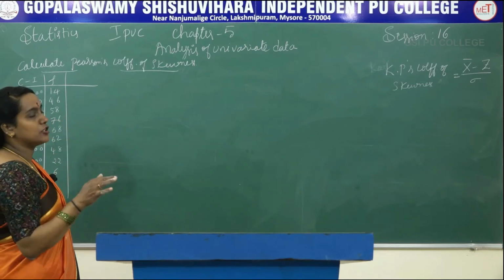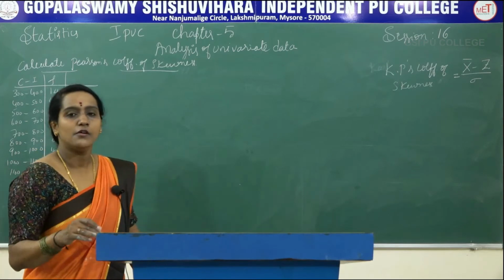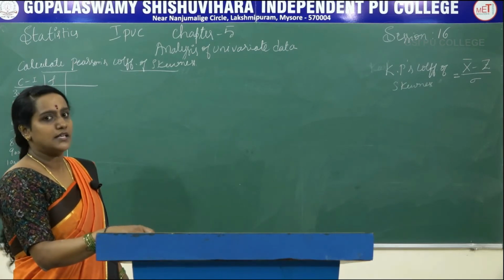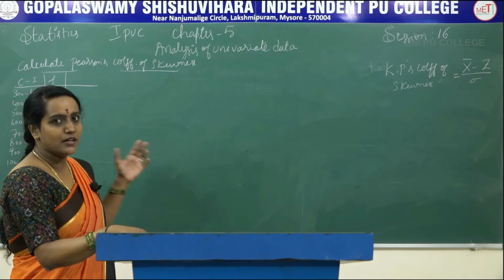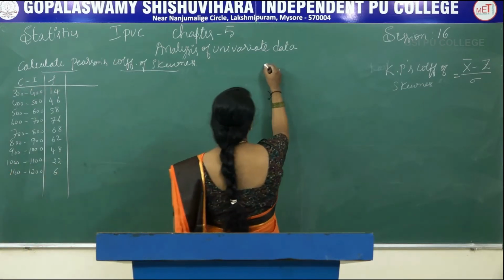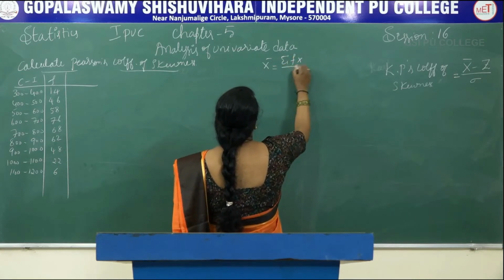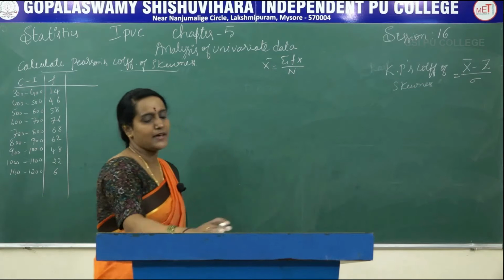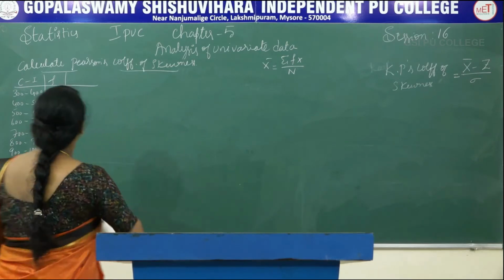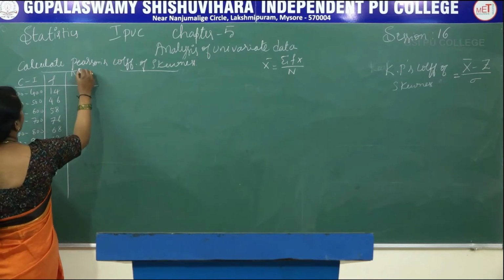Let us solve that. You know how to find mean, standard deviation and mode for a continuous frequency distribution, so I will recall those things. To find x bar is equal to summation of fx divided by n. First I want the midpoint.